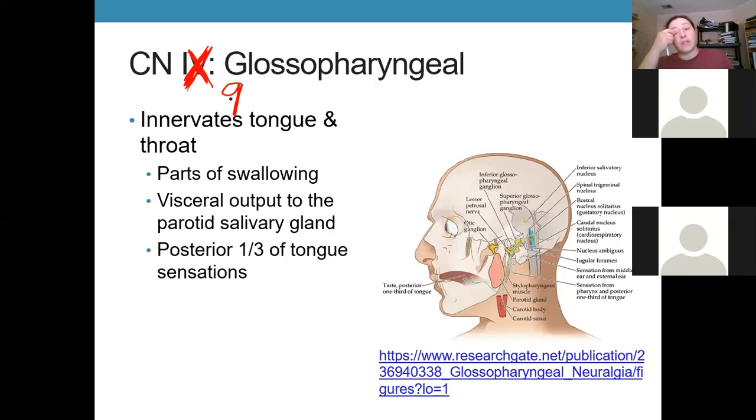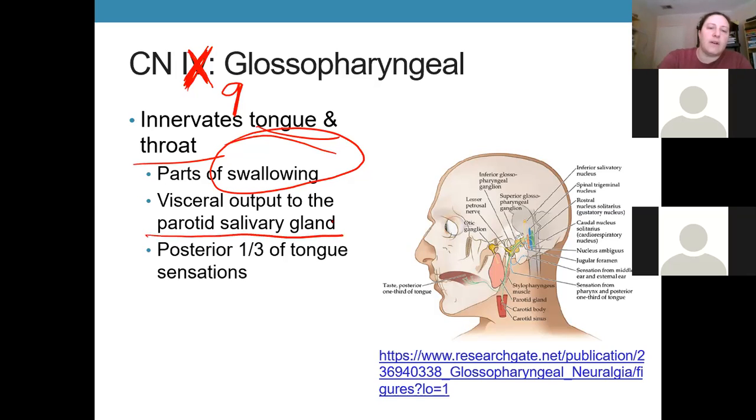So the glossopharyngeal has kind of a variety of complicated functions, but for the most part, its job is to help control the muscles in the tongue and the throat that aid in swallowing. It also controls one of our salivary gland pairs. So we've got these salivary glands back here called the parotids that it controls when that's secreting saliva.